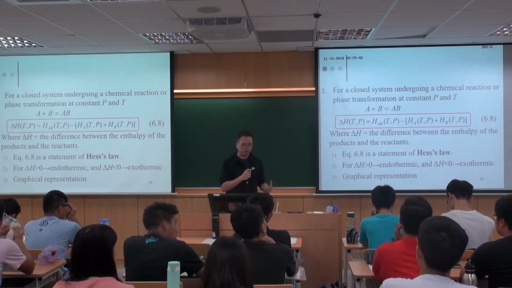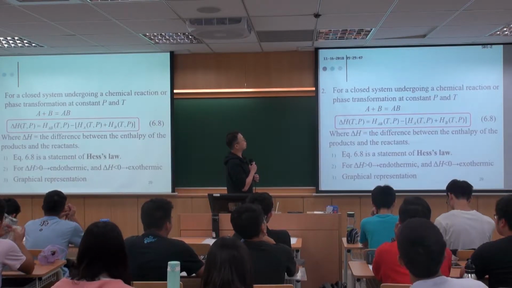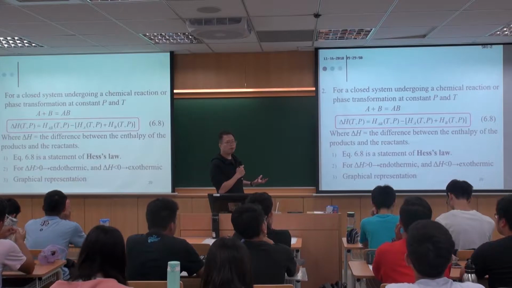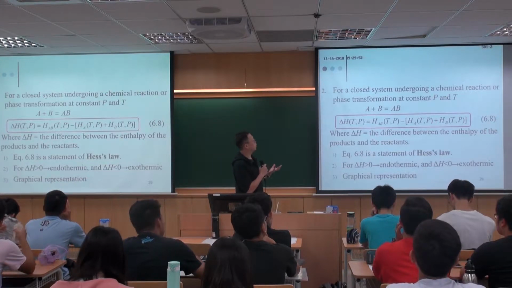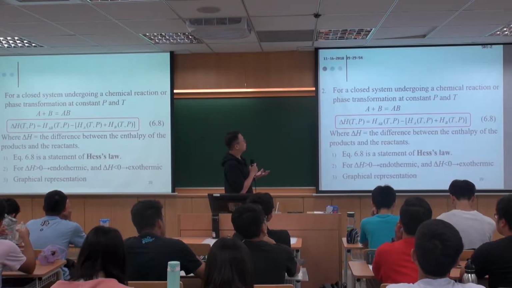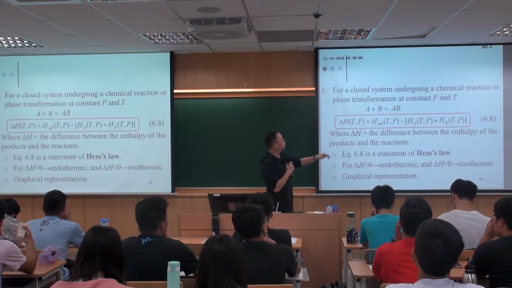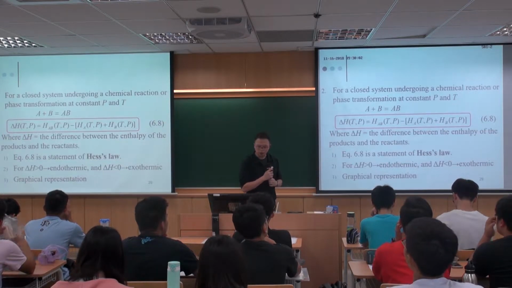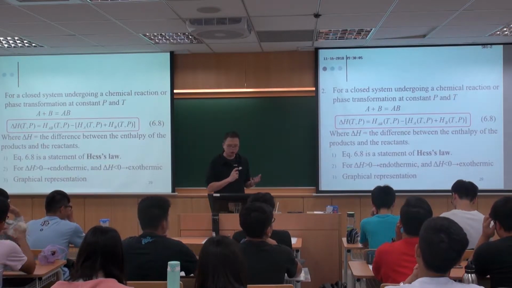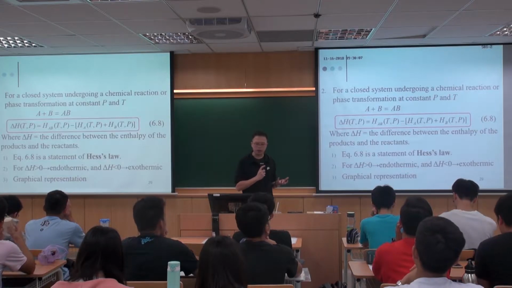Okay, so for instance, if we're talking about a reaction for a closed system, and it's undergoing a chemical reaction, or you can say phase transformation. In this case, the example is a reaction. You have A and B, 2 components, and if you put them together, it will go through this reaction and become a compound AB.